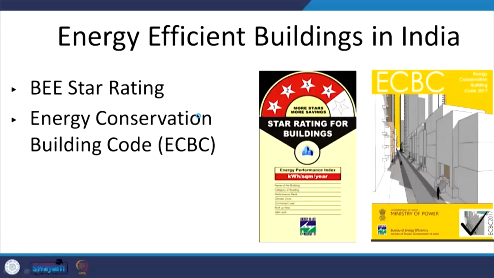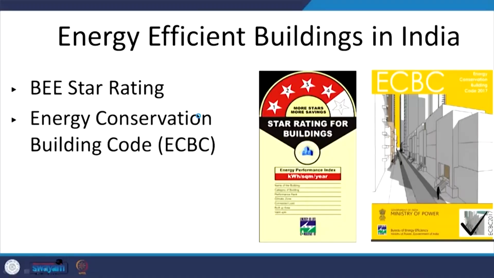So, if we start from India, there is this ECBC, Energy Conservation Building Code, and the star rating for buildings, which focuses only on the energy performance of the building. So, we have ECBC, Energy Conservation Building Code for commercial buildings, and a new one, ECBC R, is also out, which is for residential buildings.